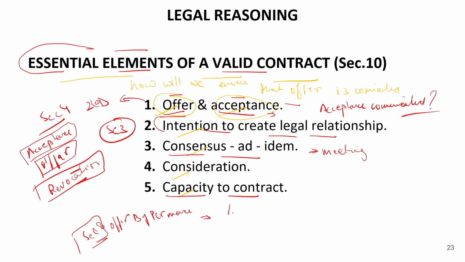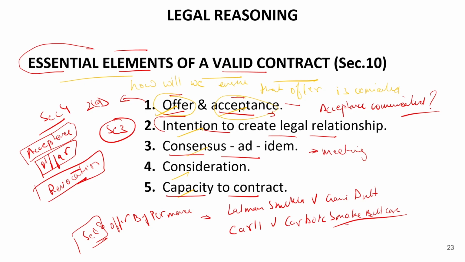The first case law is Lalman Shukla versus Gauri Dutt. And then there is one more case, Carlill versus Carbolic Smoke Ball case. These are the two cases we'll deal with in our coming lectures.